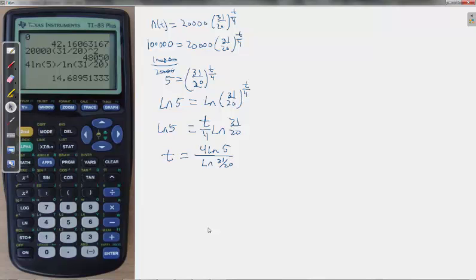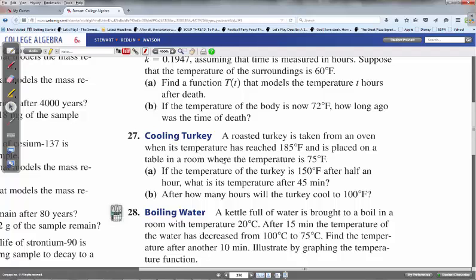Let's do a Newton's law of cooling problem. We're going to do problem 27 here about cooling turkey. It's almost seasonally relevant. A roasted turkey is taken from an oven when its temperature has reached 185 degrees Fahrenheit and is placed on a table in a room where the temperature is 75 degrees.